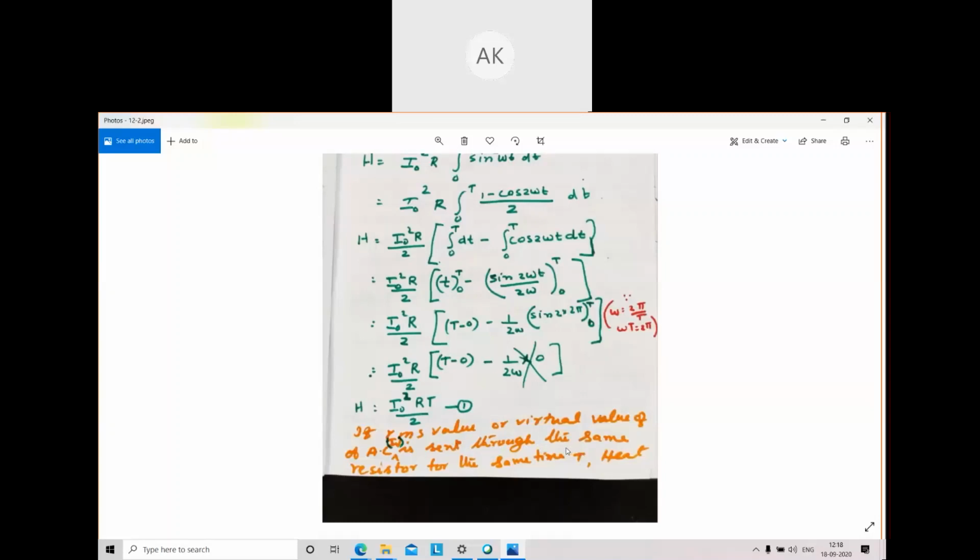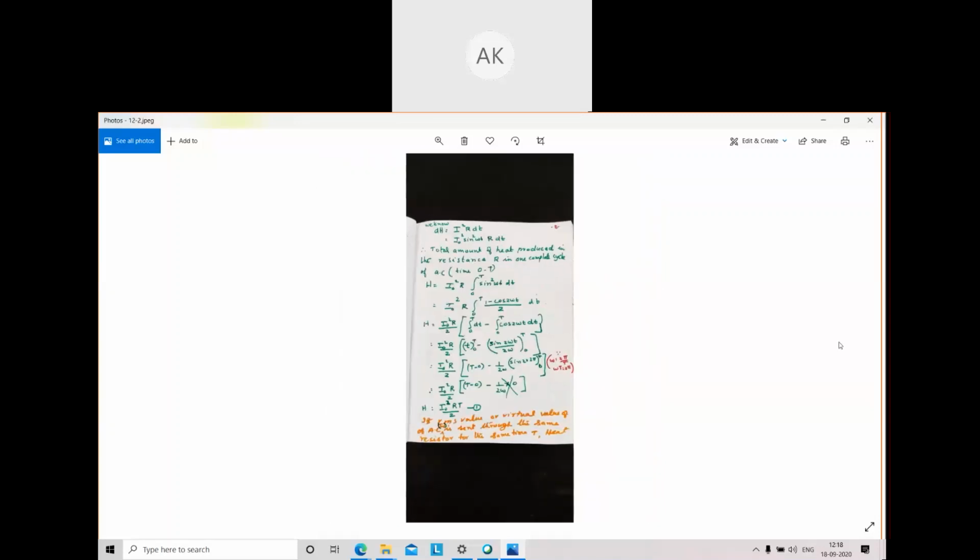What is the formula for heating effect? I square R T. Here IV is sent, so IV square R into T. That is the heating effect produced when the virtual value of AC is sent.